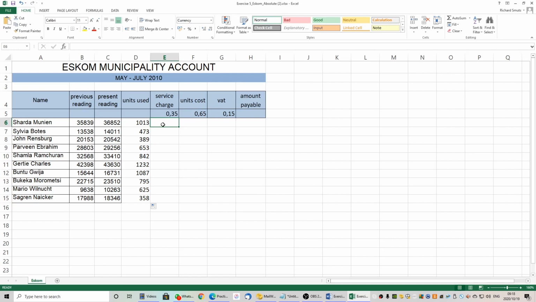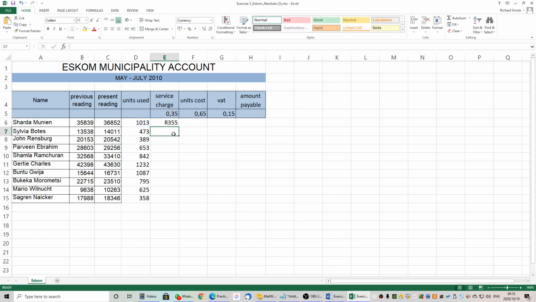And let me show you. I'm going to do it the incorrect way. So the service charge equals the units used, if you read the instructions, multiplied by the service charge. So my service charge is sitting in one area there in cell E5.